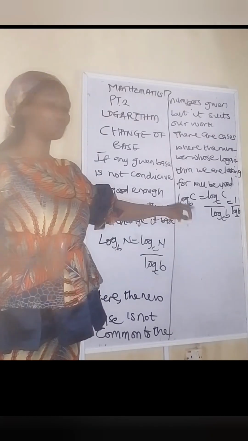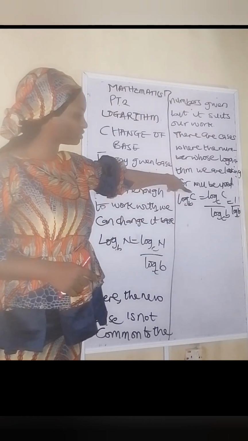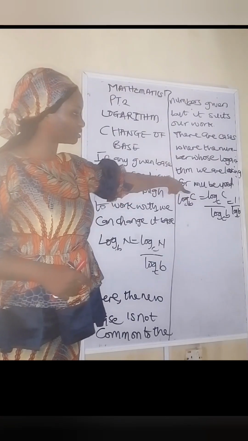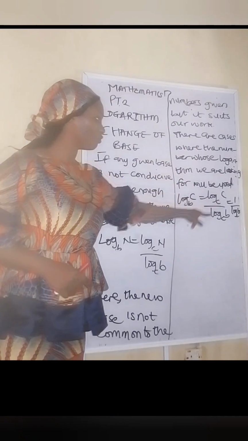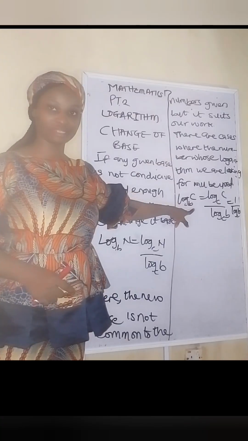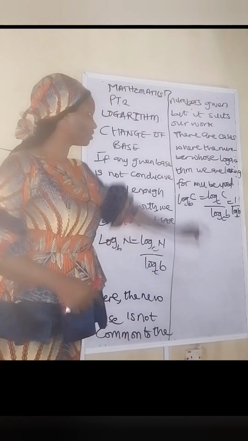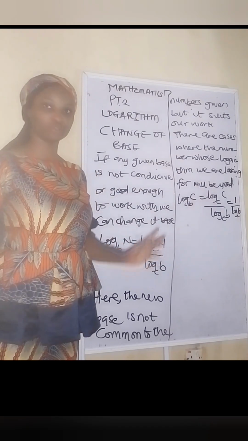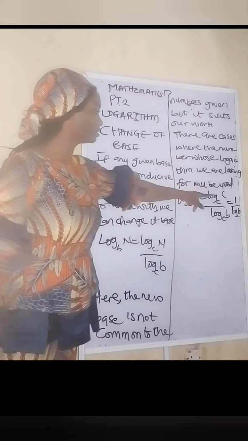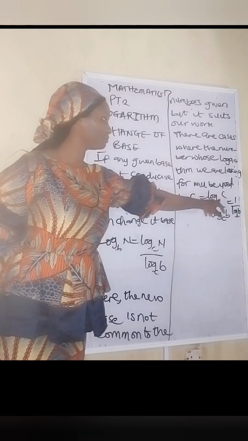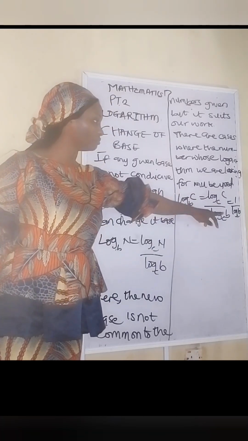Do you understand? Don't get it confused. The numerator starts with the number, log c base c, then the base follows, over log b base c. Now when you say log c base c, it is 1 if you followed us in our first video. So any time you see log c base c, it changes to 1 over log b base c.